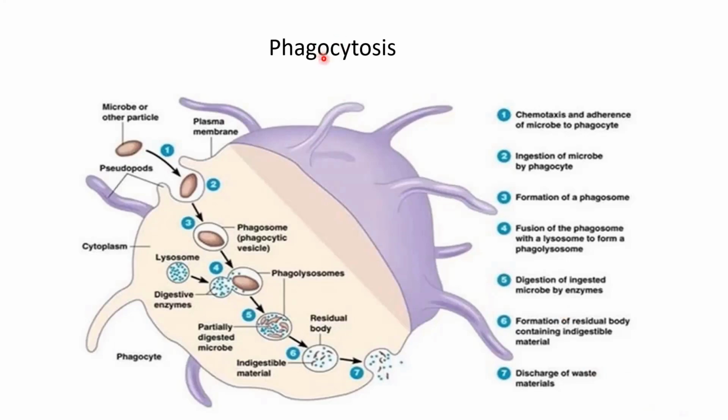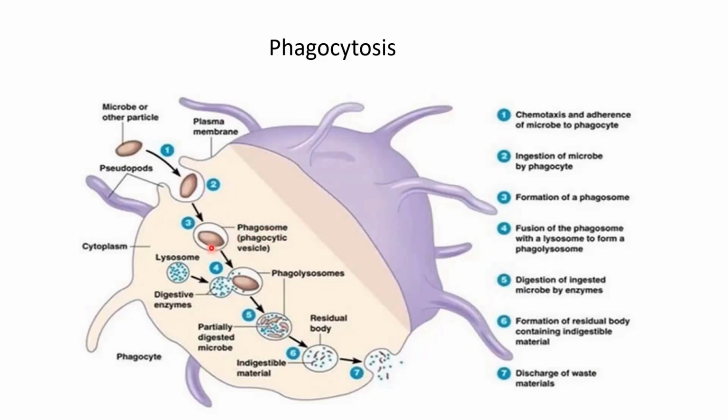So what will happen there? The white blood cells that are near the pathogen are going to take in that pathogen inside. The plasma membrane is going to curl around this pathogen and form this vacuole or vesicle around this pathogen. This is called the phagosome, the phagocytic vesicle.